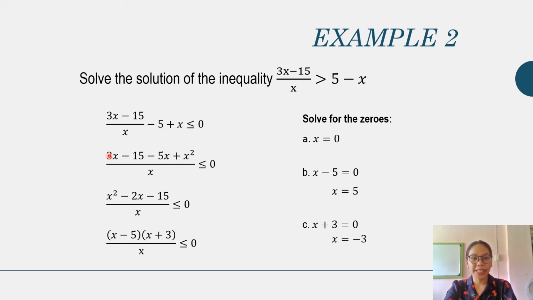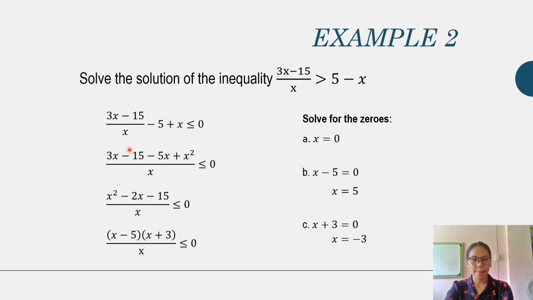So, we have here 3x minus 15, get the common denominator. So, x times negative 5, that is negative 5x, plus x times x, that is x squared, less than or equal to 0. After that, combine like terms tayo or arrange natin. So, we have x squared yung unang isulat. Then, we have 3x minus 5x, that is negative 2x.